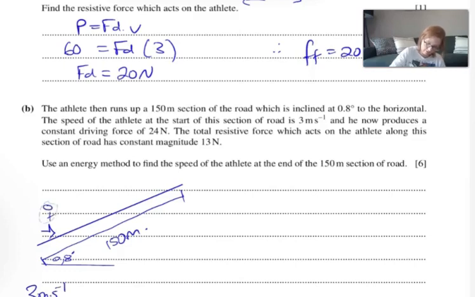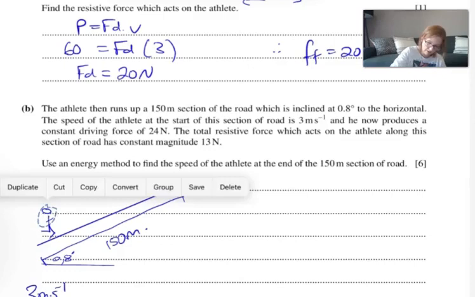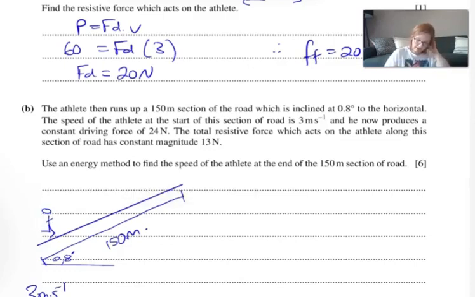Okay. He now produces a constant driving force of 24 newtons. Okay, so the previous one was 20. Now he's got to give it a bit more force. The total resistive force which acts on the athlete along the section of road has a constant magnitude of 13 newtons. Okay, so this is the resistance force.